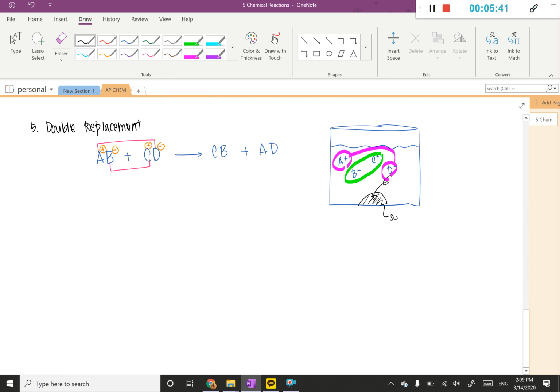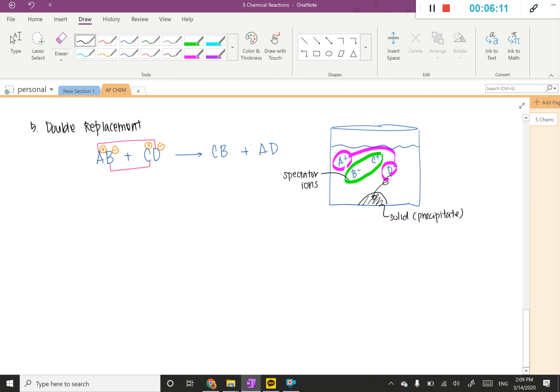So the solid, or the precipitate, will fall to the bottom of the flask, and they will leave the market. They will leave this solution. That leaves B and C roaming around, still looking for extra partners, or still not 100% committed to each other. So we call these the spectator ions. Okay? Cool.